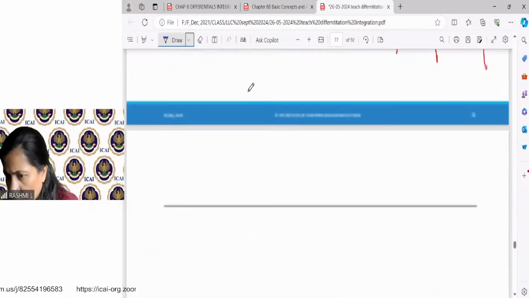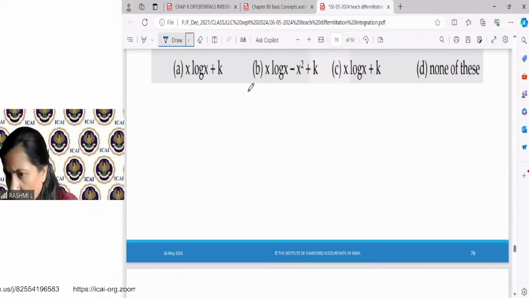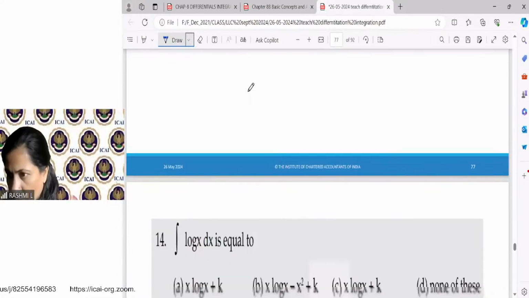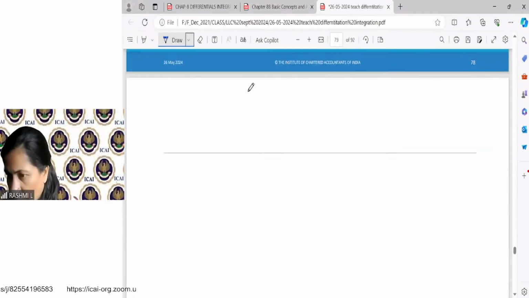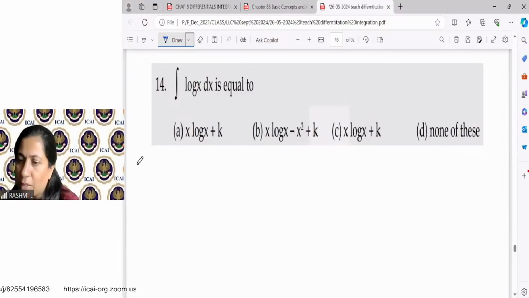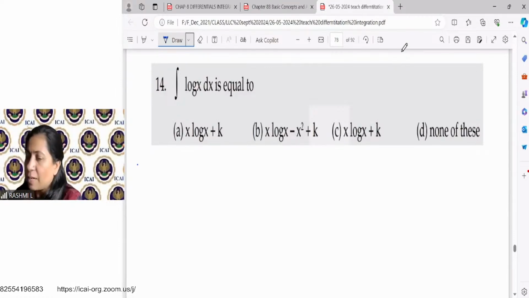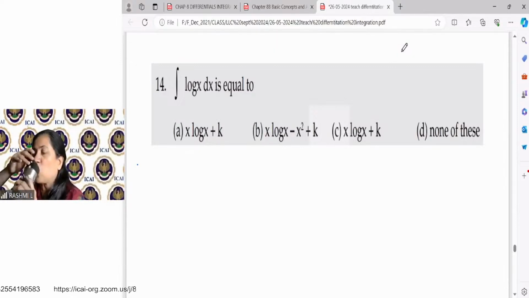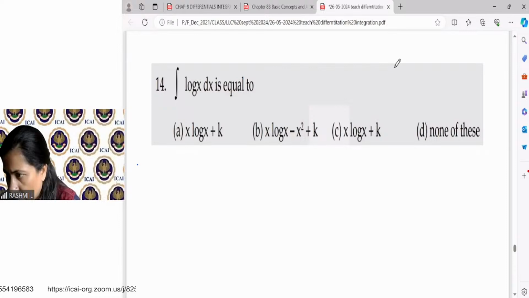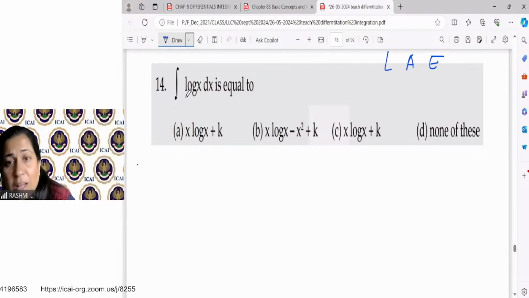We have done integration by parts also. This is one sum I want to take with you. That is the log x sum, because what happens here is there is no direct formula for log x.